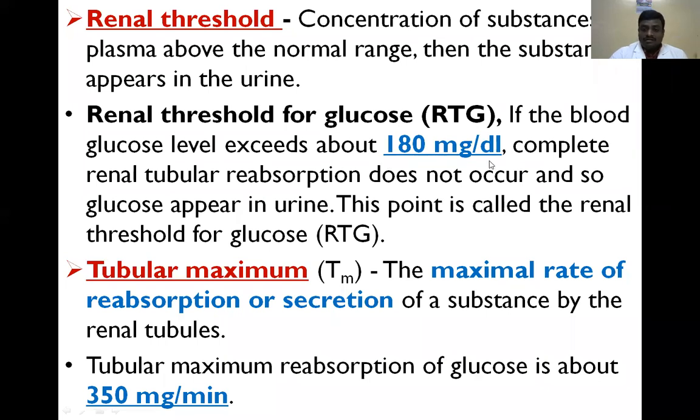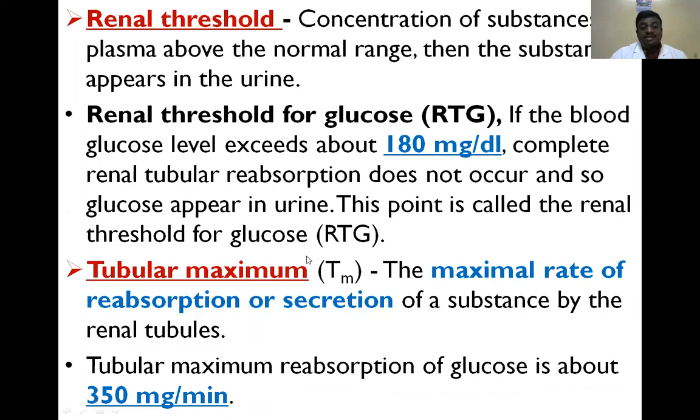So when the blood glucose reaches 180 milligrams per deciliter, the renal gates open, and then the glucose enters into the urine. So for the renal threshold of glucose: if the blood glucose level exceeds about 180 milligrams per deciliter, complete renal tubular reabsorption does not occur, and so glucose appears in the urine.